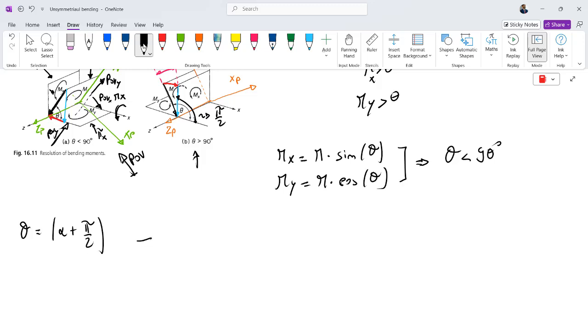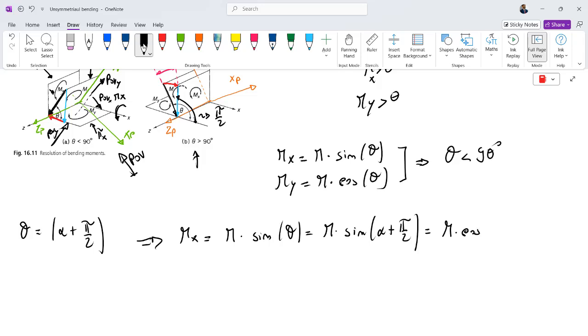So when I calculate the mx moment, it is m times sine of theta. Theta now is equal to alpha plus pi over 2, but for the associated arcs, sine of alpha plus pi over 2 is also equal to cosine of alpha. So we have m times cosine of alpha.